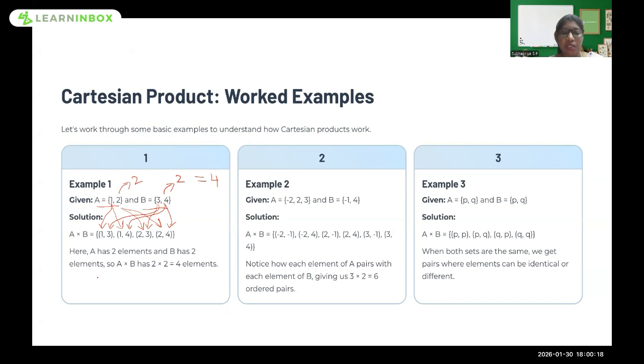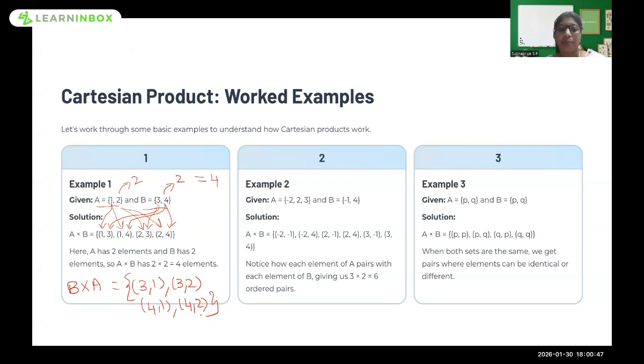Always write the first element of A and then go with B. Likewise, if they had asked you what is B cross A, then what will be the answer? It will be (3, 1), (3, 2), (4, 1) and (4, 2). So this will be the answer. See, A cross B is not equal to B cross A.